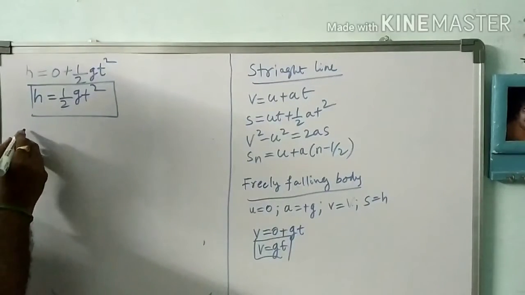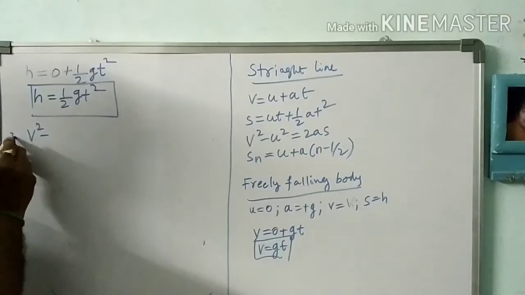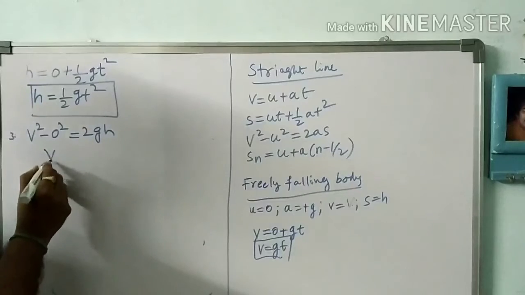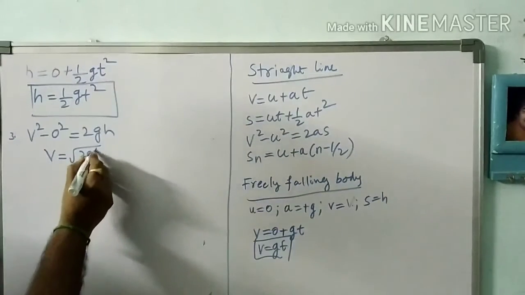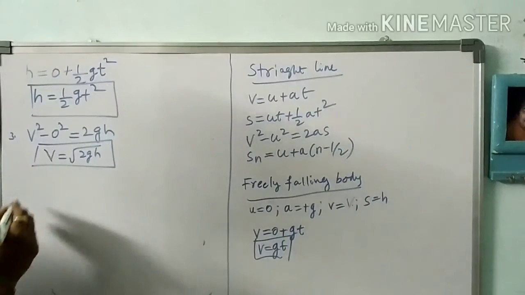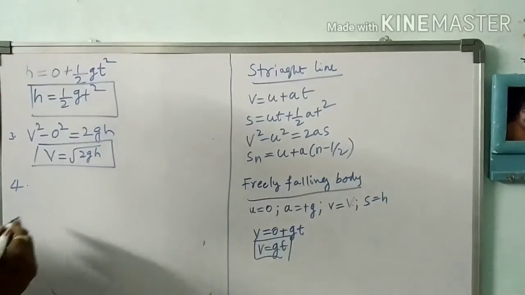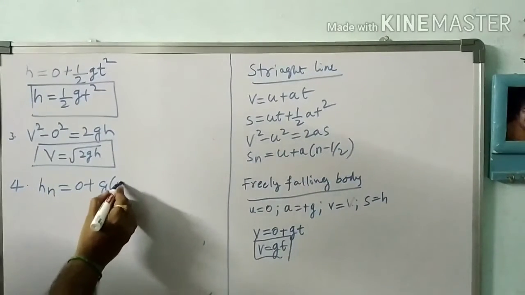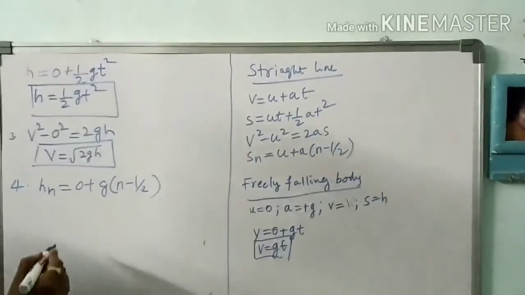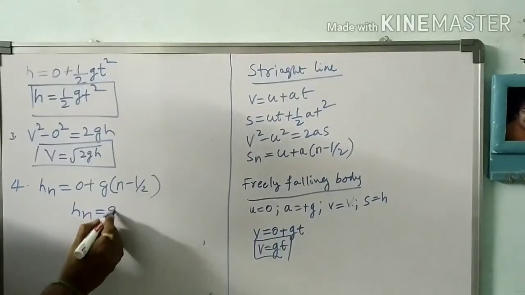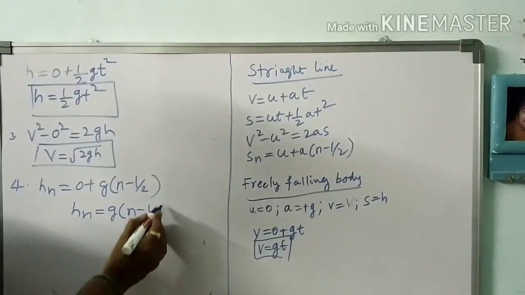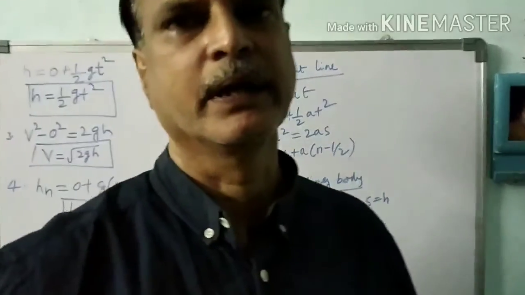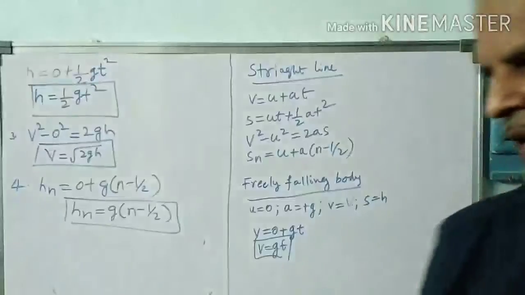And third one, V square minus 0 square is equal to 2GH, or V is equal to root 2gh. This is the third equation. And fourth one, we have Hn is equal to 0 plus g into n minus half, or Hn is equal to g into n minus half. This is the fourth equation. These four are called equations of motion in case of a freely falling body.